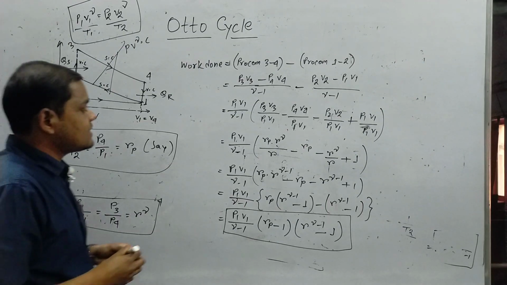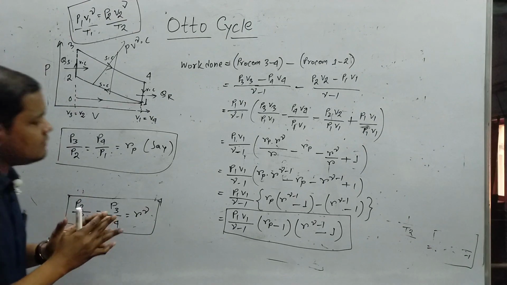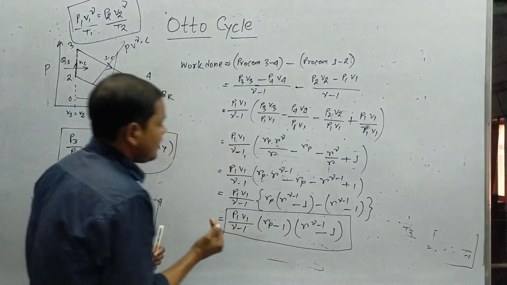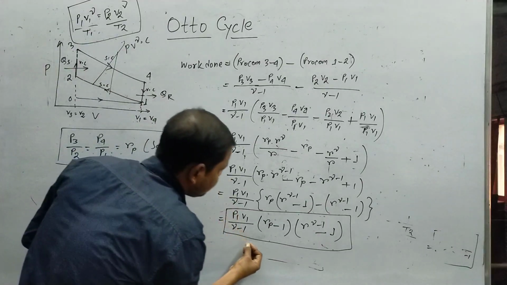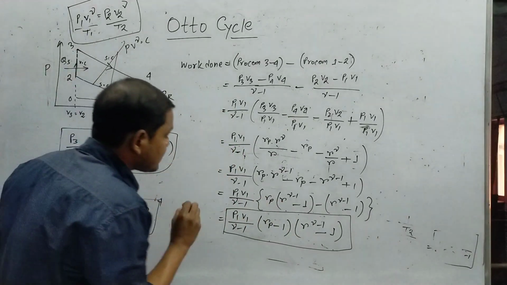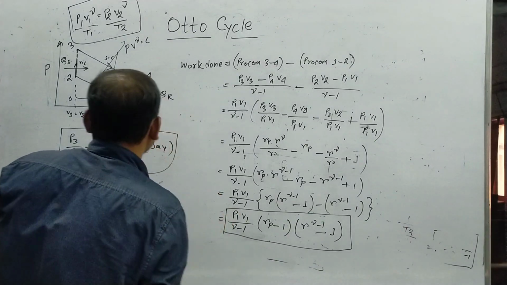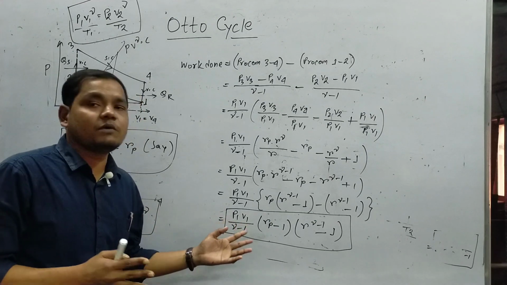In case of Otto cycle, this is the final equation for the work done, and you can see from this equation that the work done is a function of pressure ratio and the compression ratio, and to some extent dependent on P1 V1, the primary pressure and the volume. This is the total volume of the cylinder.